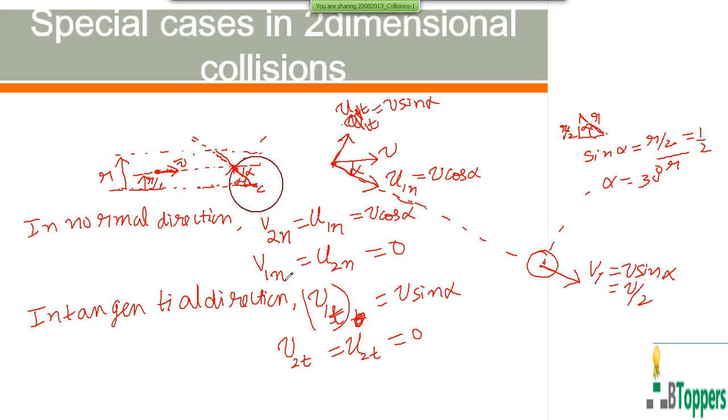The velocity of the first particle in the normal direction becomes 0 after collision. So the velocity of the first particle after collision is the same as its velocity in the tangential direction. So this should be written v2 actually.